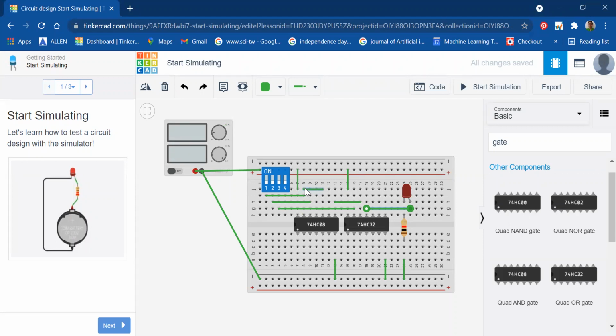This A I have picked from here, and I have sent it as the input to the second AND gate. So this A and this C, and now the output from this gate is going to the second input of the OR gate, and here the output is coming.